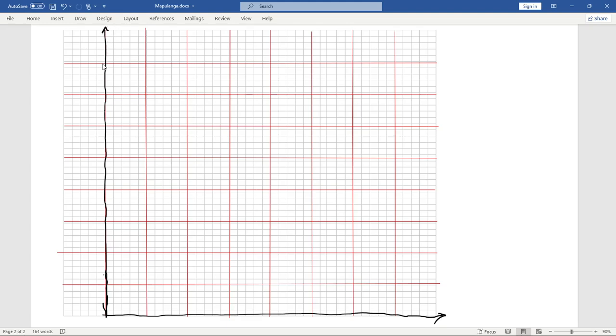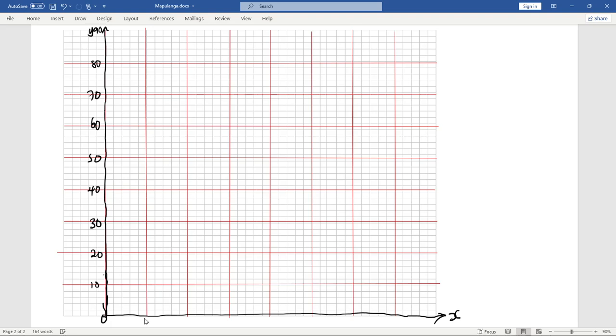Remember to use a ruler. I can't use a ruler with this device that I'm using, but you need to draw straight lines. This is the x-axis, and this is the y-axis. We start from 0, then go to 10, 20, 30, 40, 50, 60, 70, 80, and we have 90 there.